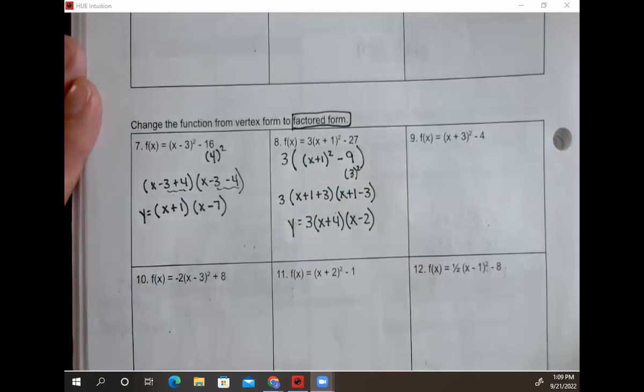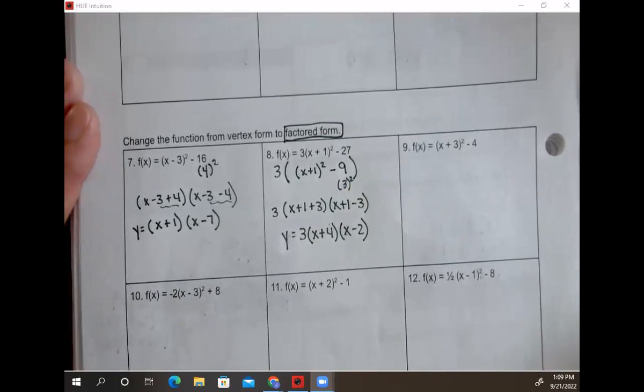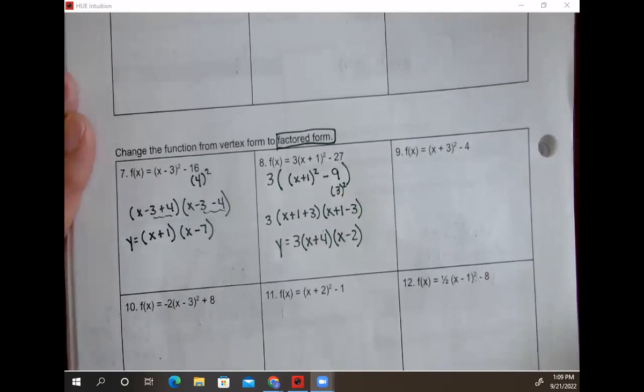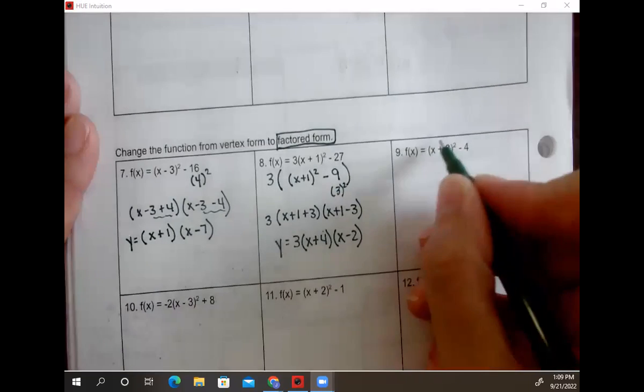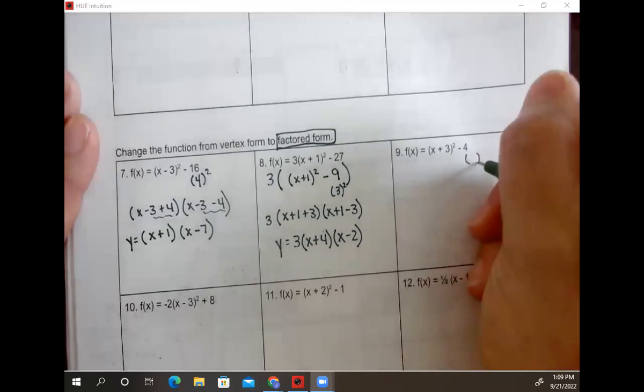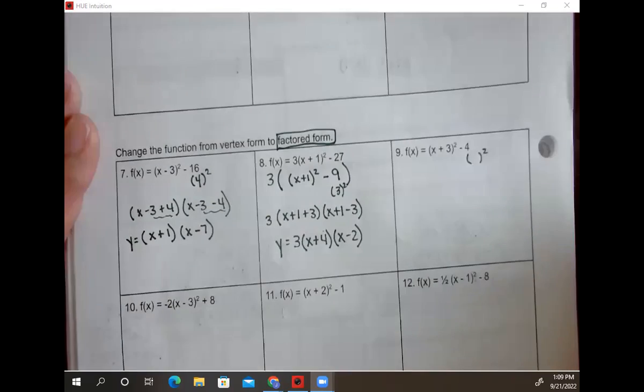Questions for me so far? Okay. And then number 9. I'm in vertex form. I want to change to factored form. Again, we're going to use that difference of squares pattern. My first guy is already written as something squared. So my second term would be 2 squared.